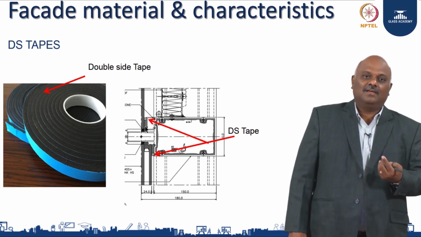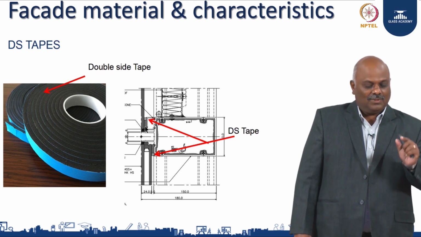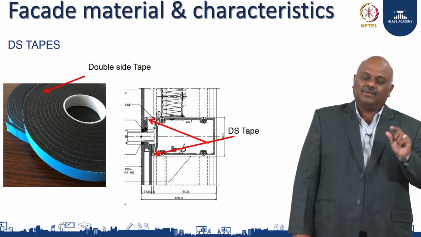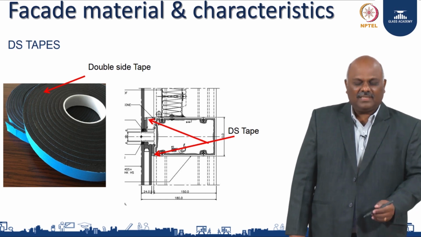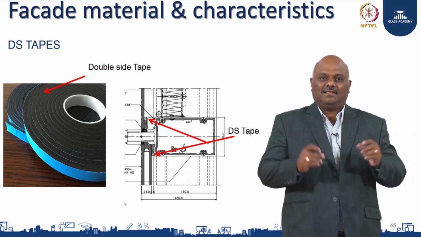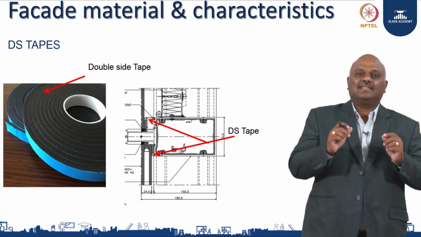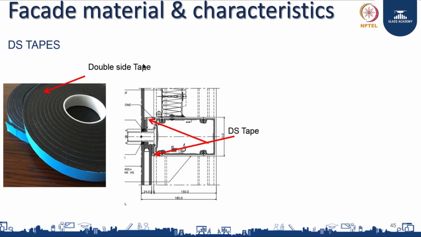It is a flowable glue where you pump through a nozzle, so it goes in. For that, yes, there is a way you calculate how much sealant needs to be there to hold this glass, but to create that cavity or to create that space, the first thing you need is a double side tape. What is a double side tape?